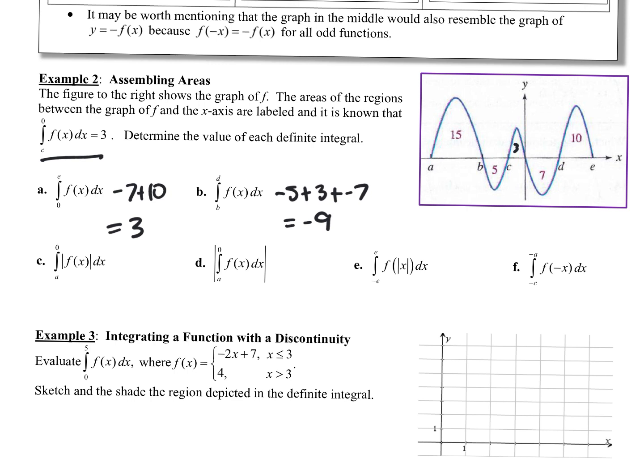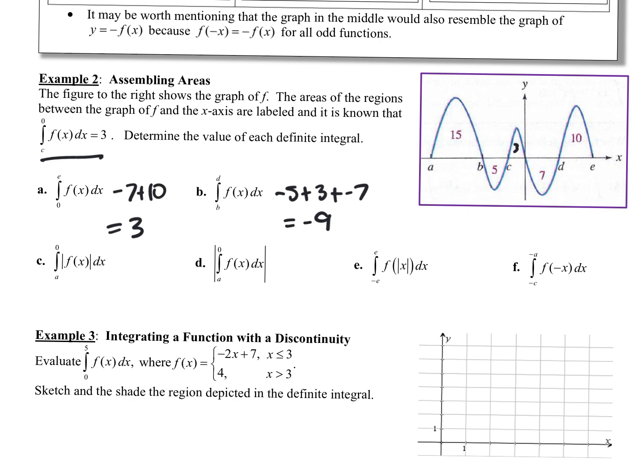Okay, these two are very different. Putting the absolute value on the inside versus putting it on the outside changes everything. So let's first talk about what this one is. What is this going to do to the function if you take the absolute value of the function? Anything that was negative will become what? Positive, right? Any y value will become positive. So what is this area going to do?